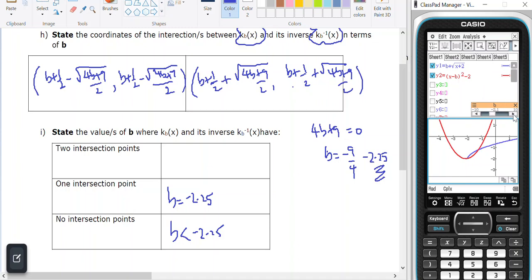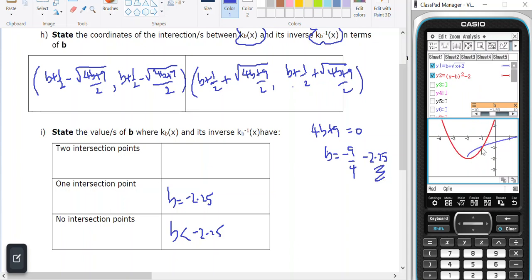As I make it bigger again, approaching negative 2, so negative 2.01, I still get 2. At negative 2, analysis G solve intersection, I get 1 there, and I get 1 there, so I get 2. But when I get bigger than negative 2, I then only have 1.